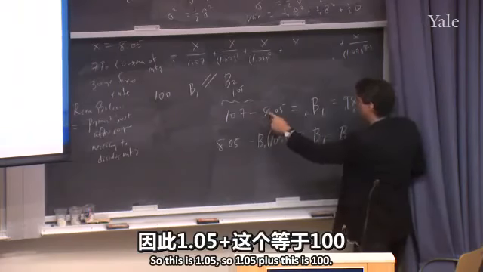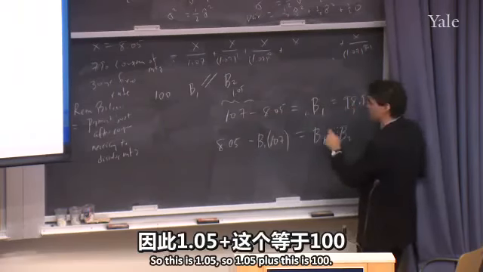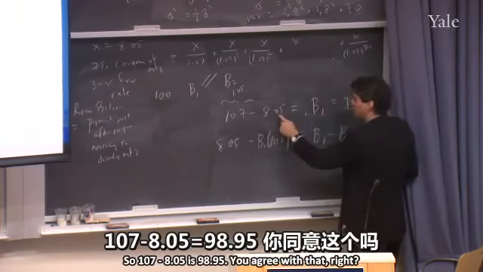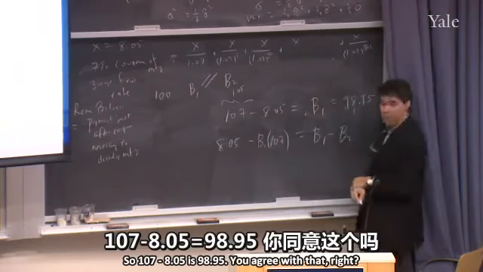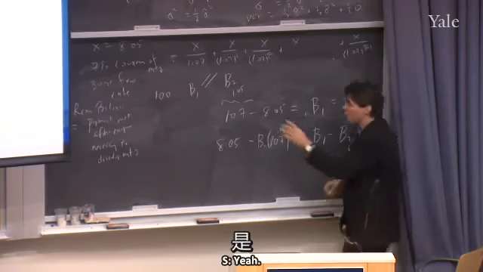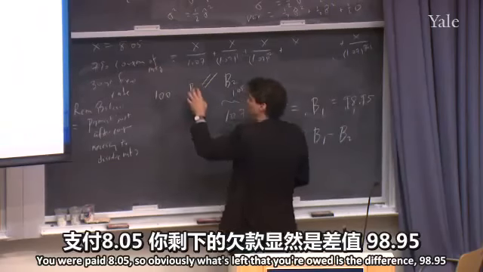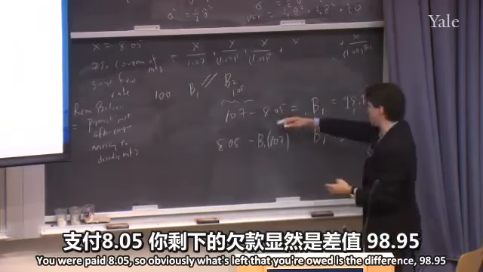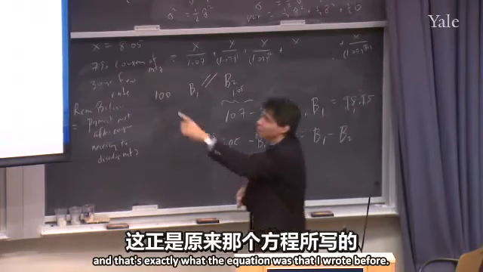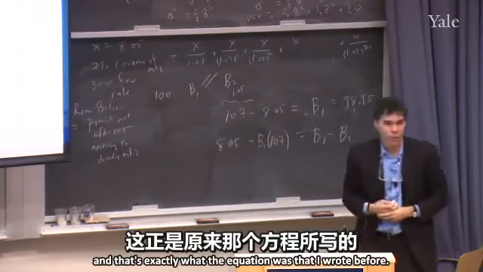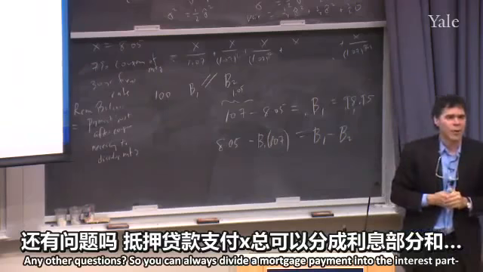So this is 1.05, and 1.05 plus this is 100. So 107 minus 8.05 is 98.95. You agree with that, right? Okay, so what I'm saying is a year later, you were owed 107, you were paid 8.05, so obviously what's left that you're owed is the difference, 98.95, and that's exactly what the equation was that I wrote before. Okay, any other questions?